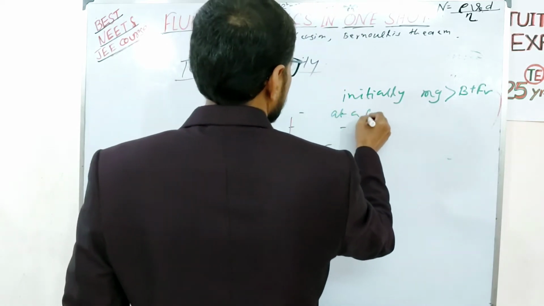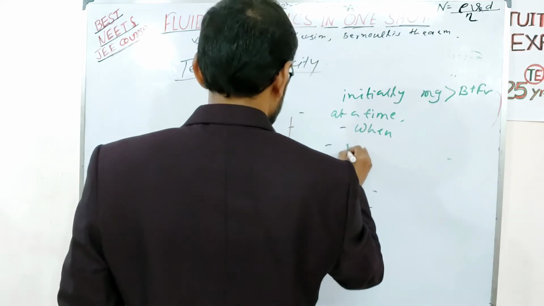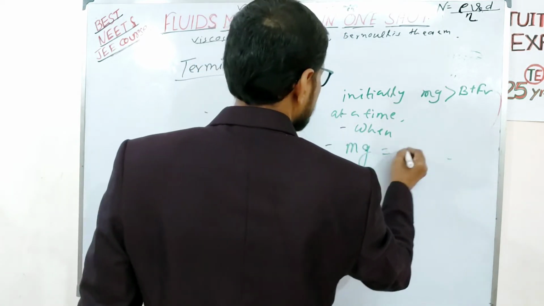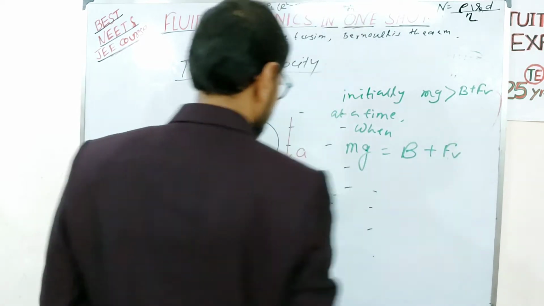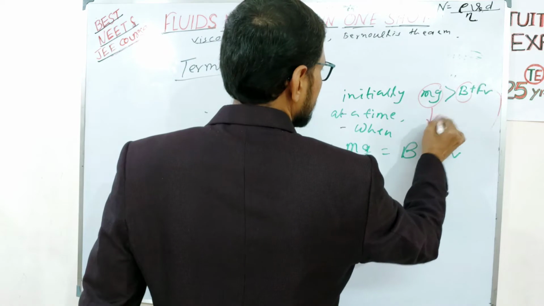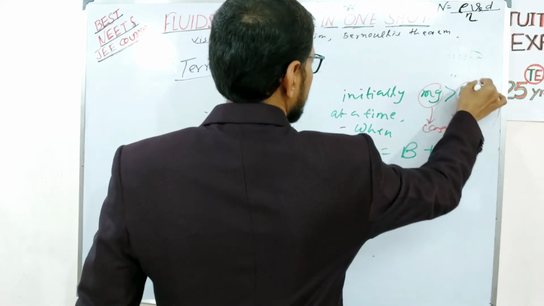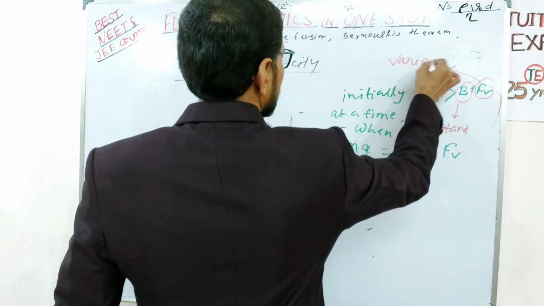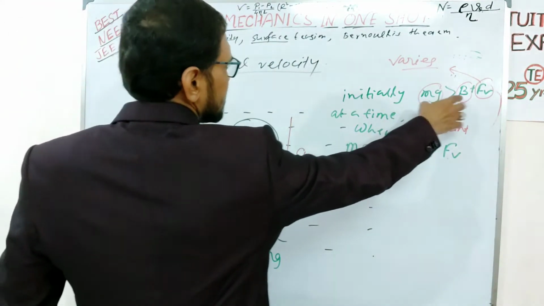At a time when mg balances the buoyancy force plus the viscous force, mg and B are constant, but the viscous force varies. So at first mg is greater than this.